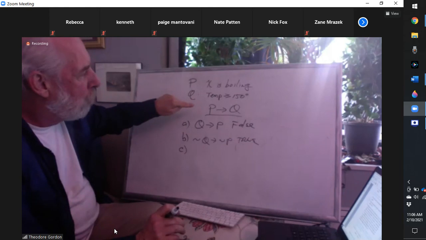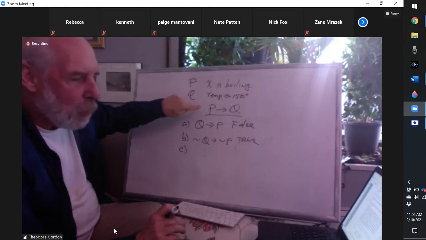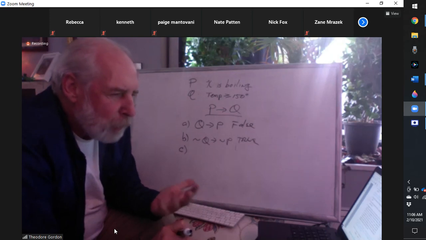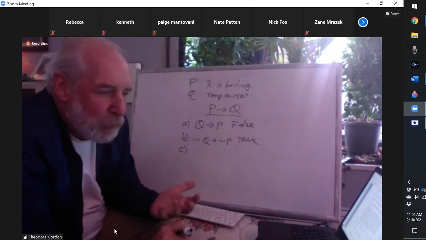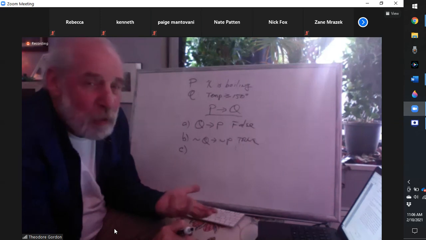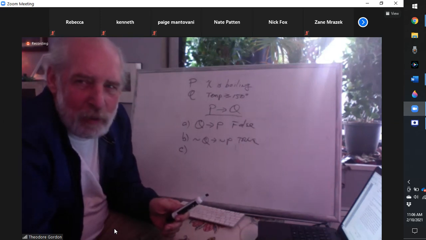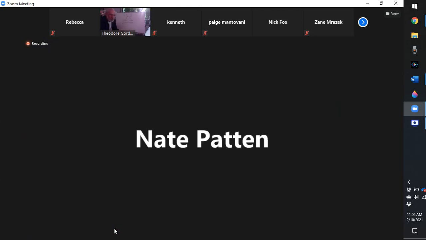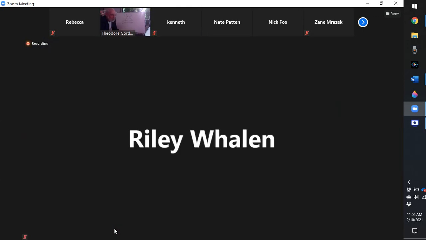So, this doesn't say it's an only if. So for example, if compound X is not boiling, then the temperature is less than 150. Well, that doesn't necessarily have to be true, right? Right. So other factors can come into it.